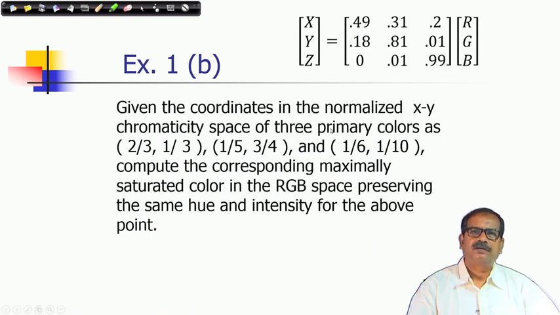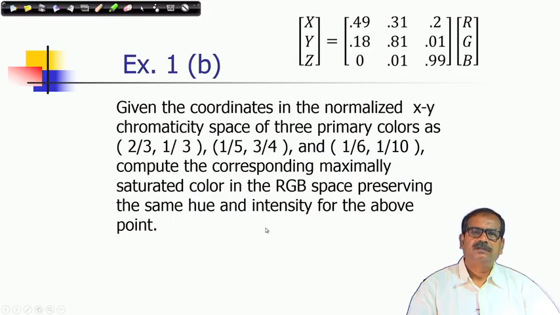Given the coordinates in the normalized XY chromaticity space of 3 primary colors as 2 by 3, 1 by 3 for R, 1 by 5, 3 by 4 for green, and 1 by 6, 1 by 10 for blue. In our discussion we will be using those notations. What we need to compute is the corresponding maximally saturated color in the RGB space, preserving the same hue and intensity for the above point.